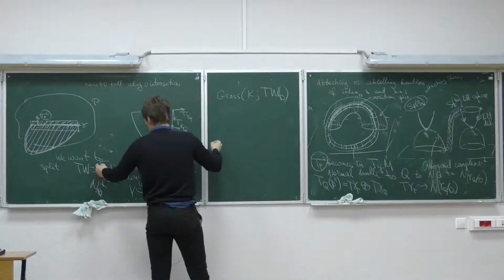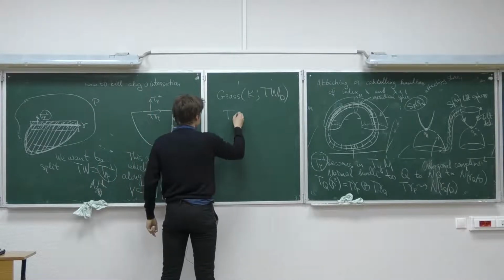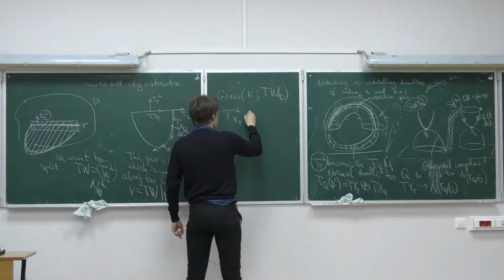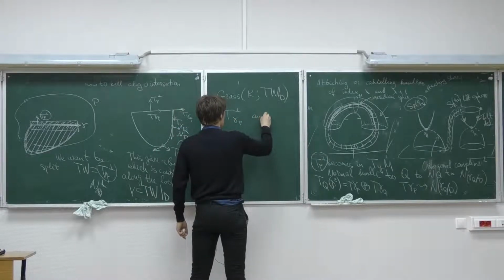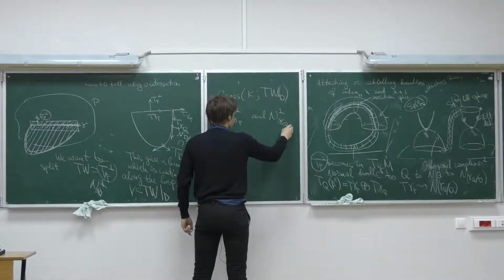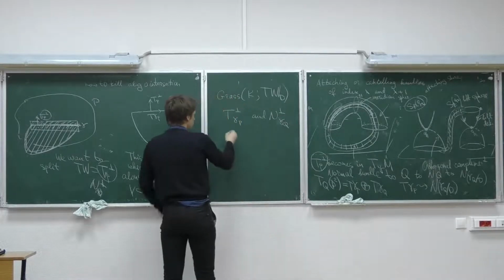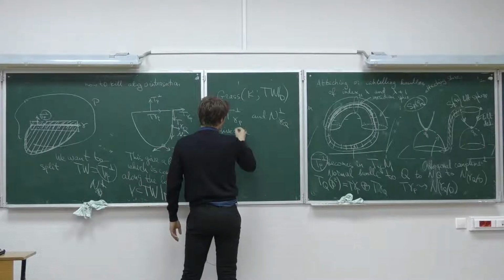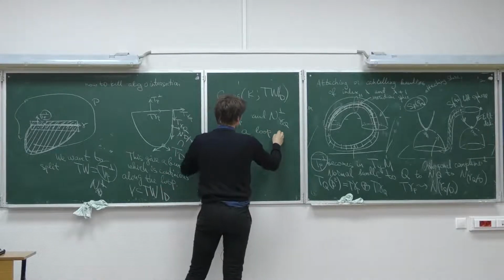So this bundle, so T of gamma P and N of gamma Q, this bundle that we constructed gives a loop in Grassmannian.